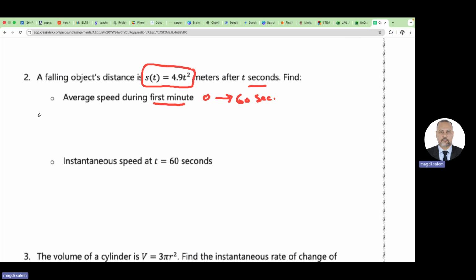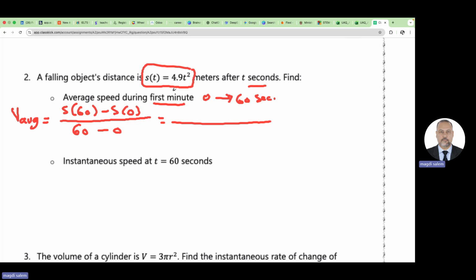So what you are going to do is write that V average equal, then you use S60 minus S0 divided by 60 minus 0. Similarly, you use substitution, but in this case, it's only a substitution with the t.